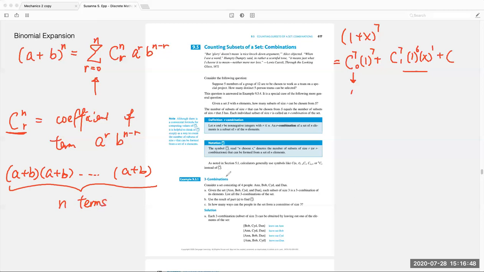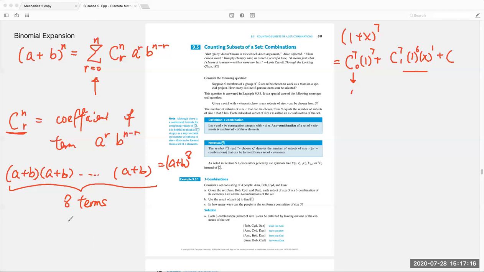So that is equal to (A + B)^n. Maybe let me use some number to explain this one. Maybe that will be easier. So let's say to power 8. So there are 8 terms here.